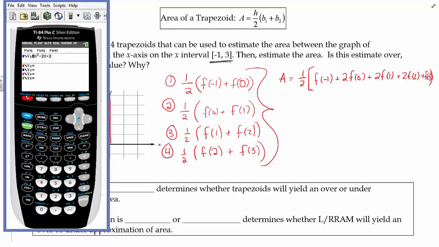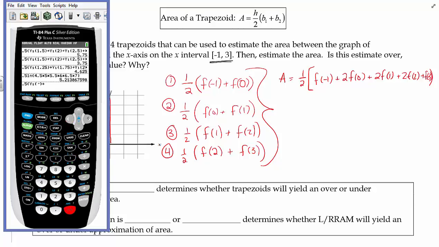So in my y equals, I've got the equation of the graph. And I'm going to do 0.5 times Vars, Y-Vars, Function, y1 of -1.